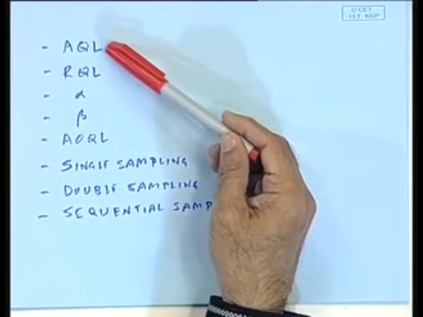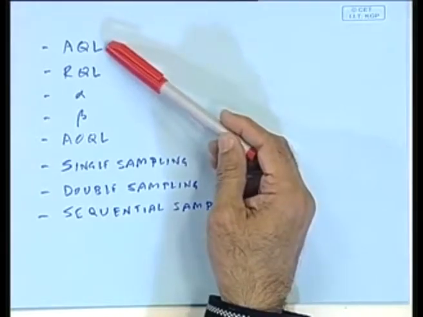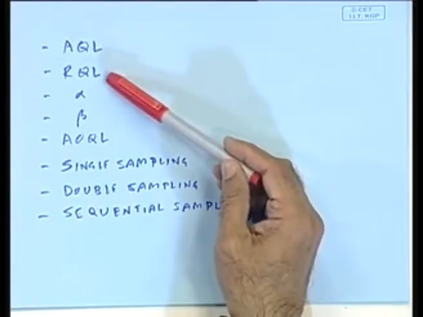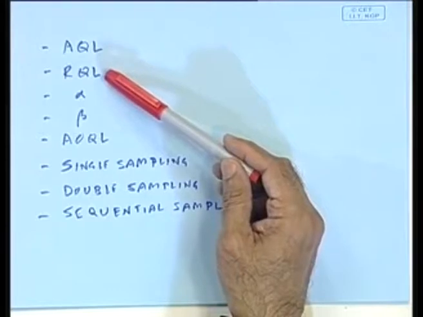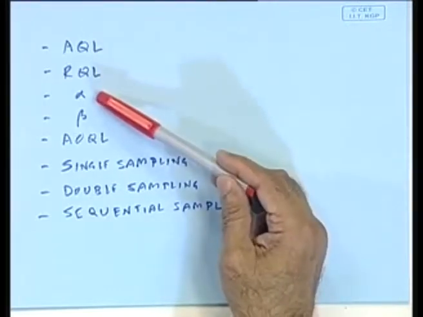What we've done so far, I have it on a sheet here. You can see we discussed something called AQL, that is acceptable quality level as far as the user or the consumer is concerned. Then we had something called RQL, that is rejection quality level. Then we had something called alpha.